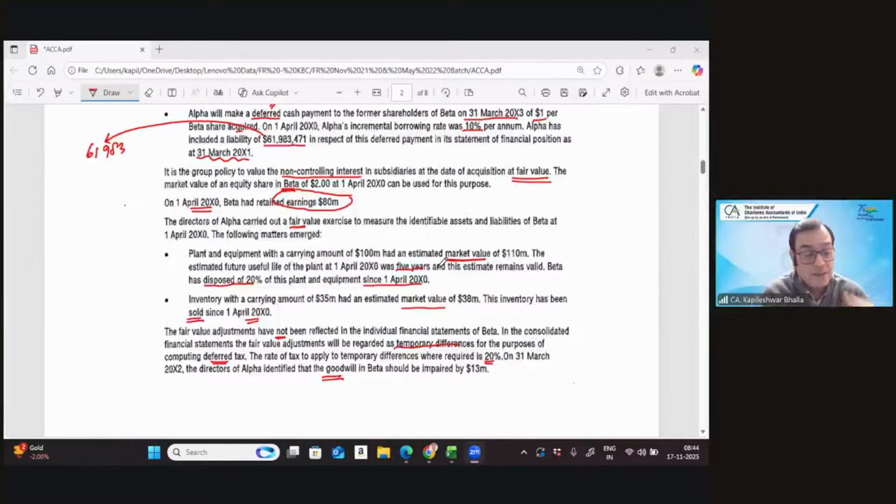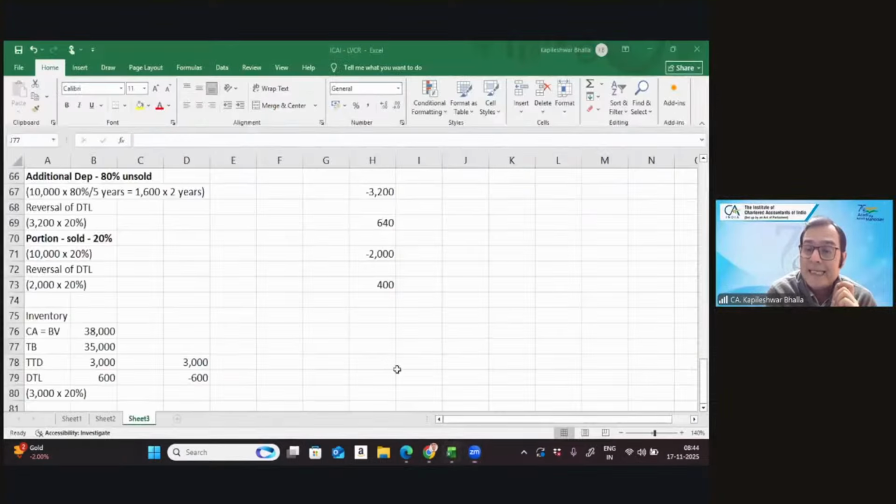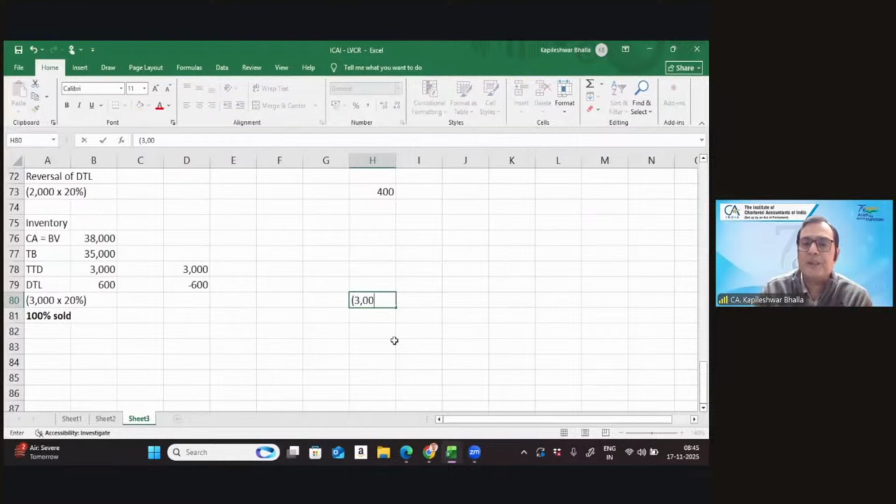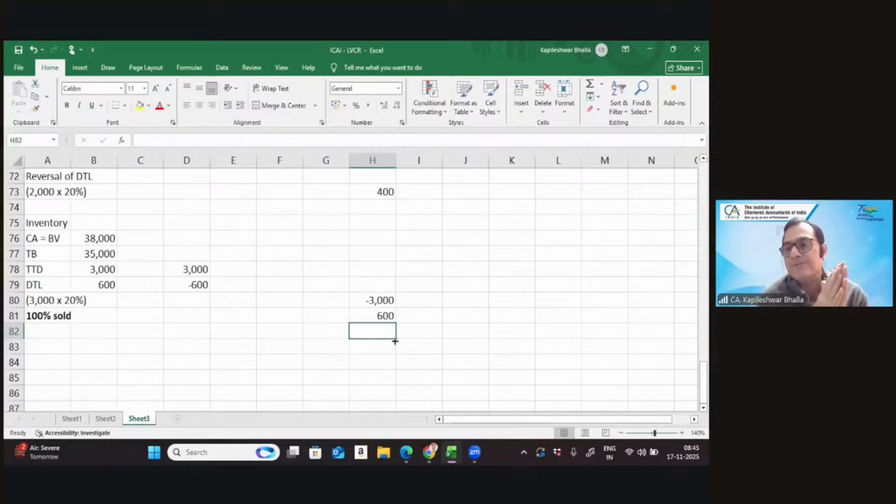So in this particular case, we go ahead and do the same reversal on the sale. So we can say 100% portion stands sold. So for this 100% sold, what we'll do is reverse that 3,000 profit and reverse the DTL, resulting in an income.